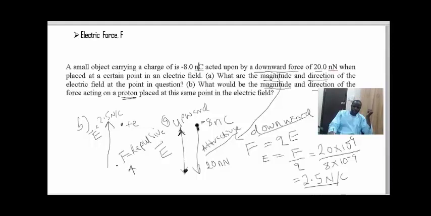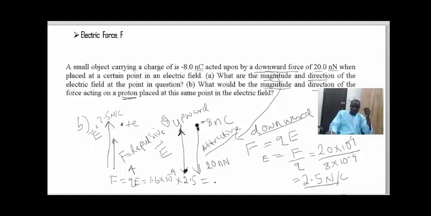Because it's repulsive, the force is going to be upward. And the magnitude of the force is obtained from Q multiplied by the electric field, which is 1.6 times 10 to the power minus 19 times 2.5.